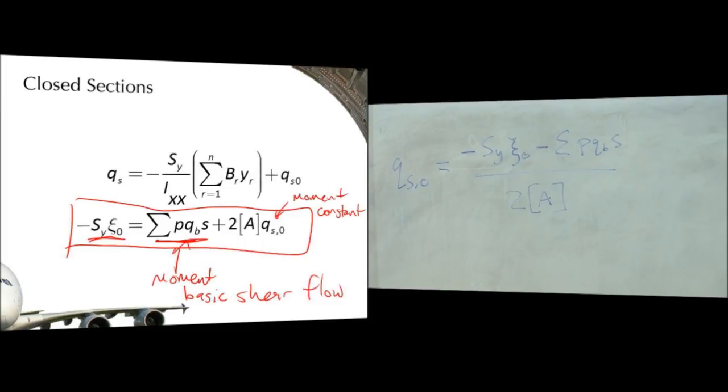What's the enclosed area for this problem? We've got 400 on one side of the box and 200 on the other side of the box. Okay, 80,000.